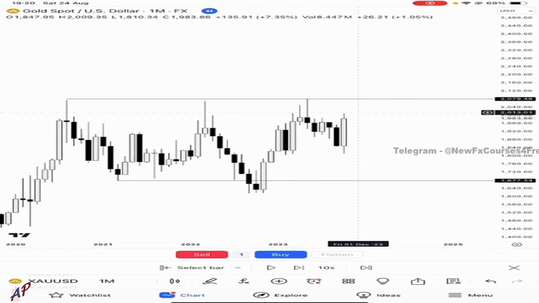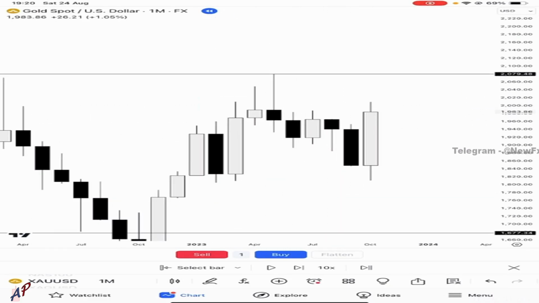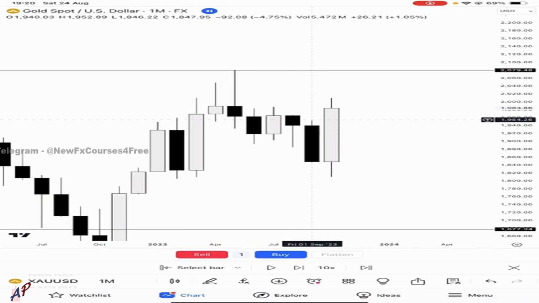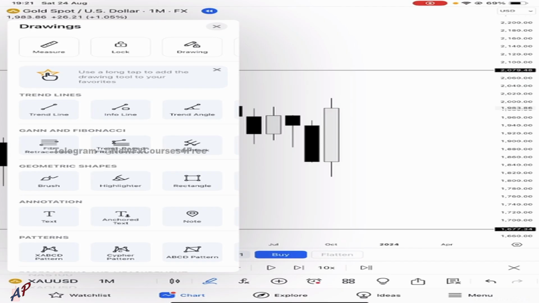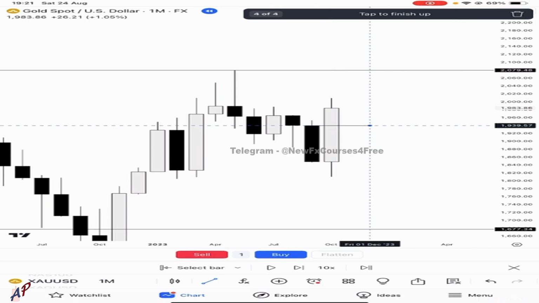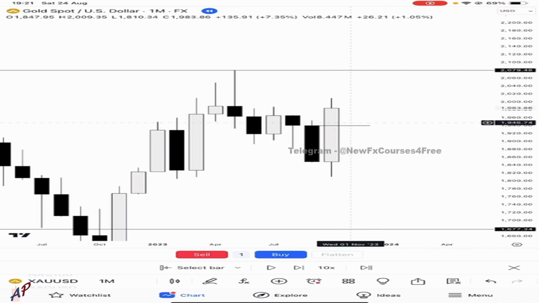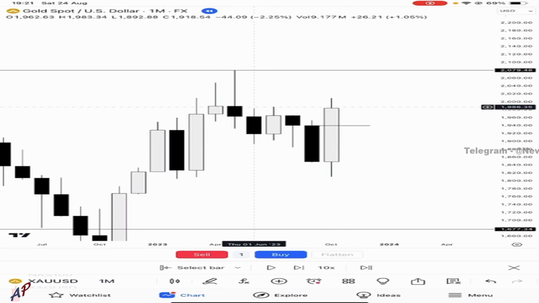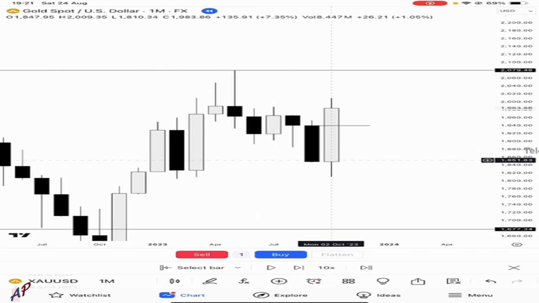range low to range high, tap, bias is still up, we tap this rejection block, we are disrespecting this bearish order block while creating this bullish order block. So now this is a key level. Bias for next month is obviously up from there.